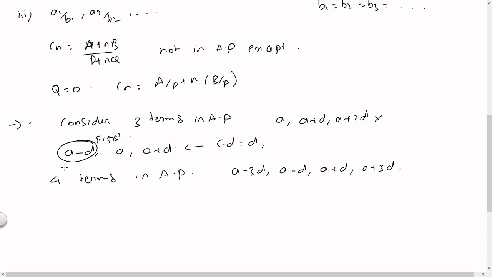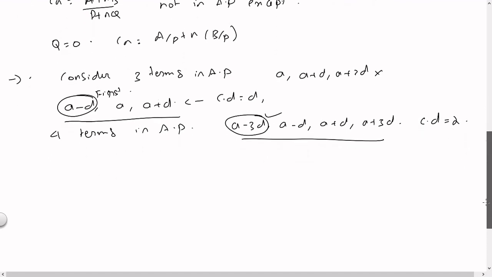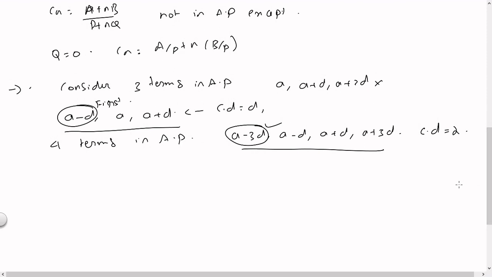So whenever you take the terms this way, make sure you take a minus d as the first term. Same is the case here: a minus 3d is the first term, and one more thing we need to remember is that the common difference is actually equal to 2d. So taking the terms in a way which will make the calculations simple is always suggested.